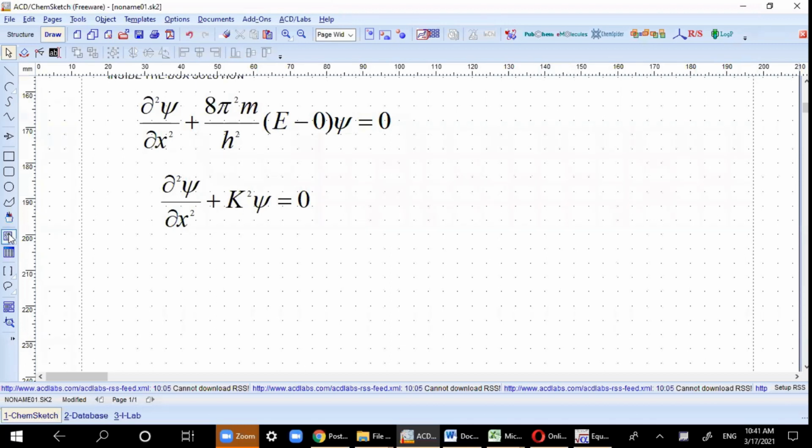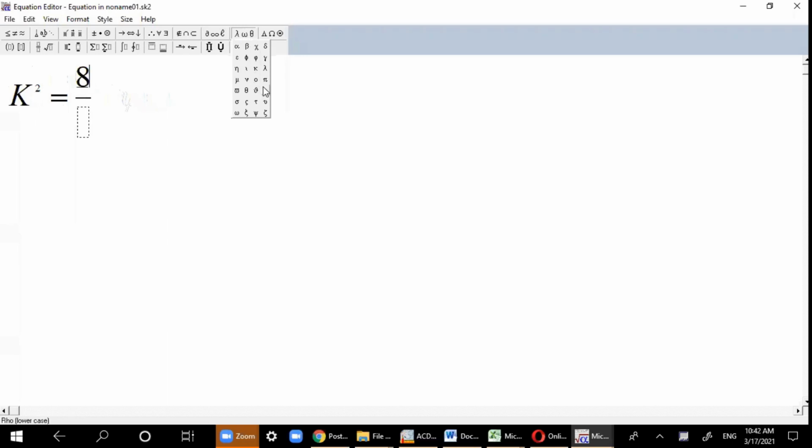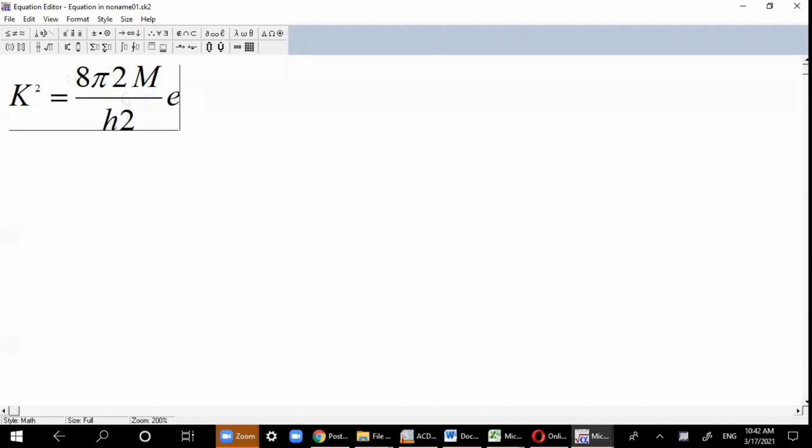The term is 8 pi square m by h square into E. You see that we are getting a relation between energy and the principal quantum number.